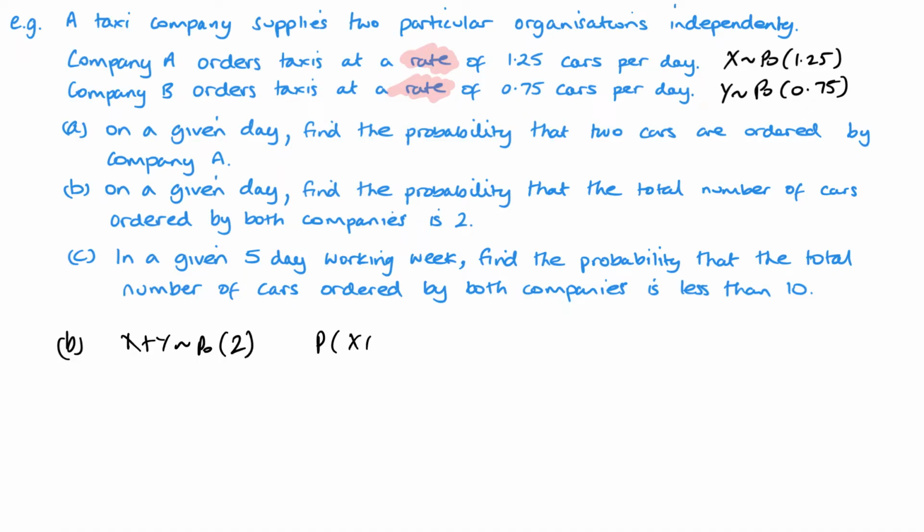We look at the probability that X plus Y equals 2. So it's e to the minus 2 times 2 to the power 2 over 2 factorial. And this is 0.27067, so 0.271 to 3 significant figures.